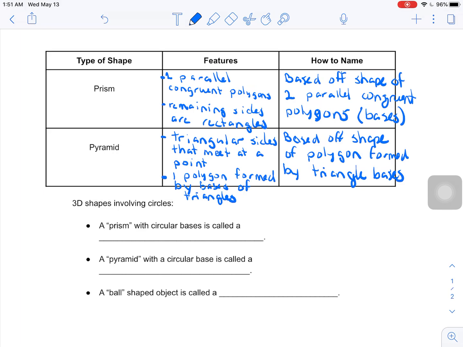It's basically the circular version of a prism. So if you were to take two parallel circles and connect them, so you think like a can from your kitchen or a can of Pepsi, cans are basically circular prisms. So those are called cylinders.